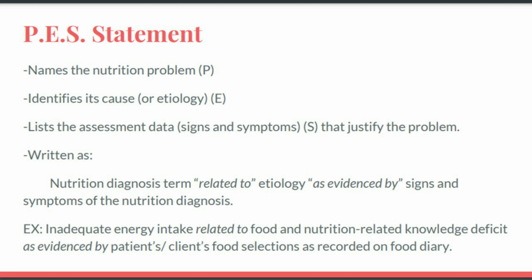The patient may tell you that the reason she came for outpatient nutrition counseling was because she feels lethargic, weak, has had weight loss, and has been having diarrhea 3 times per day. These signs and symptoms can be used to support the nutrition problems in your PES statement.